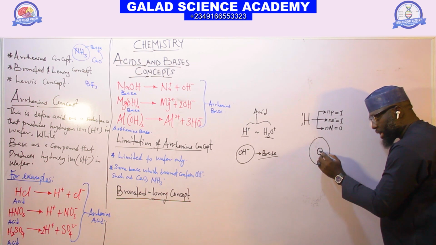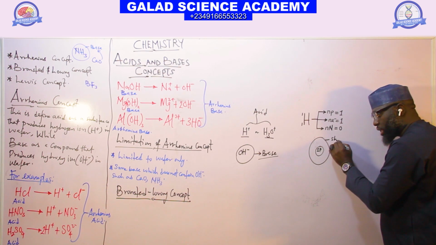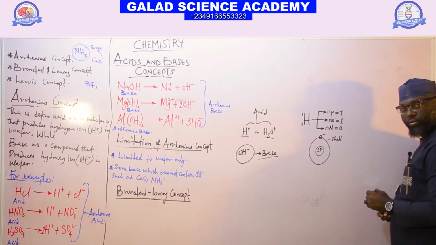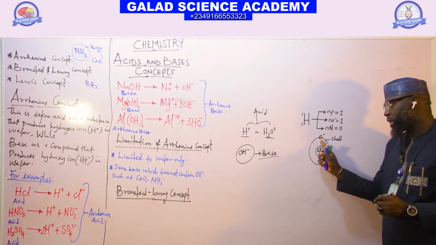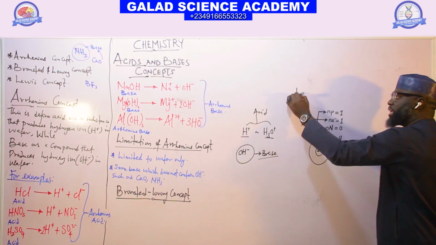inside here, the shell of hydrogen, we have 1 proton, and this is the shell. In the shell we have 1 electron. This is hydrogen: 1 proton, 1 electron. But look at hydrogen here.